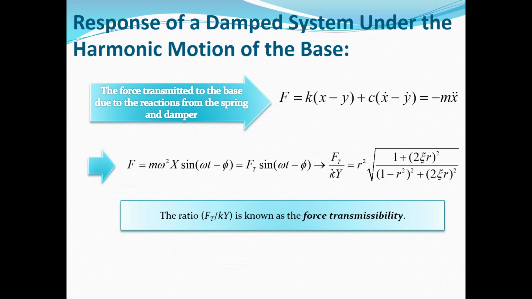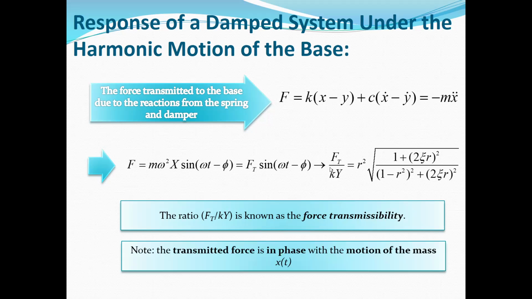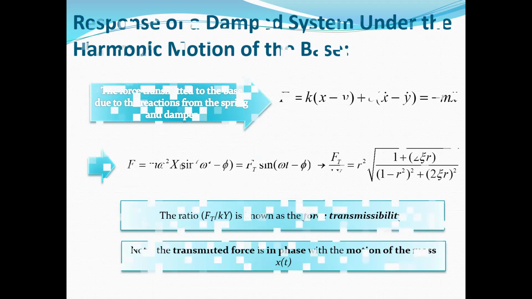And this ratio is called force transmissibility. Note that if you look at the form of the response and this transmitted force, you can see that the transmitted force is in phase with the motion of the mass, x(t), because both of them are functions of sine(omega t minus phi).